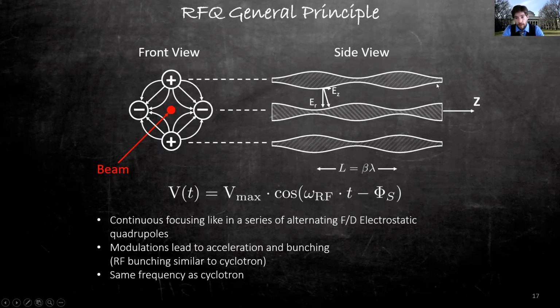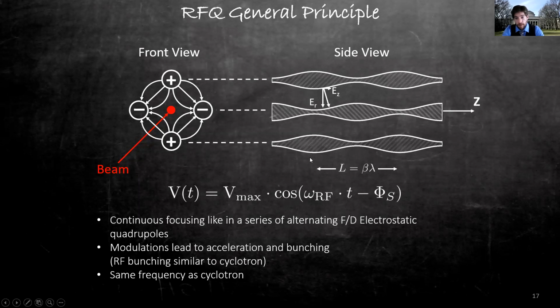If in the longitudinal direction we also add some modulations to these rods, we get a longitudinal electric field component along the vanes. So these rods are most often called vanes. And with this longitudinal field component, that of course oscillates also with the RF frequency, you get a bunching and acceleration effect.